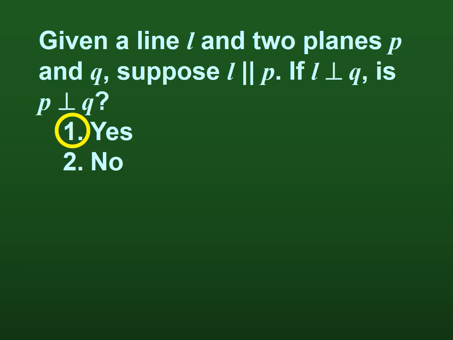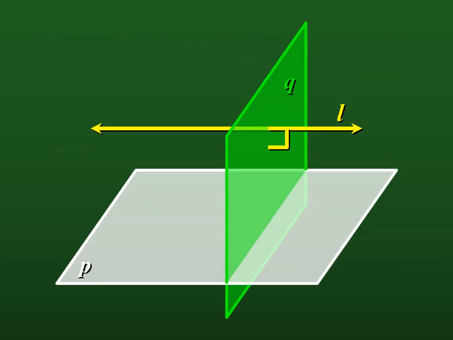The answer to that would be yes. We're going to take a look at the picture to show why. Here you have line L, which is parallel to plane P. And we said that line L was perpendicular to plane Q, which means that plane P and plane Q are also perpendicular.